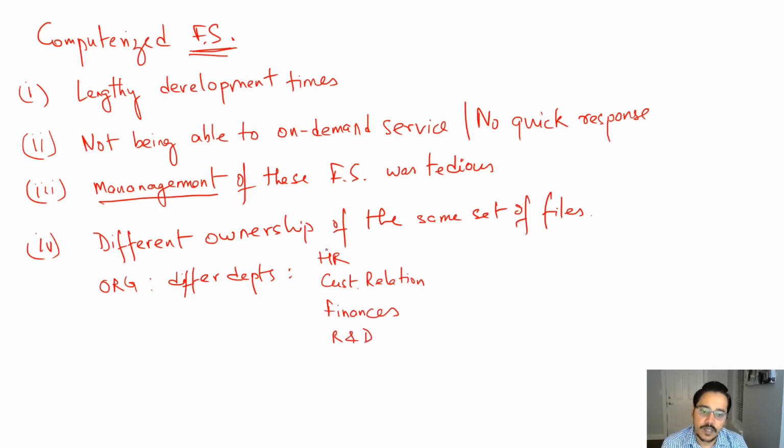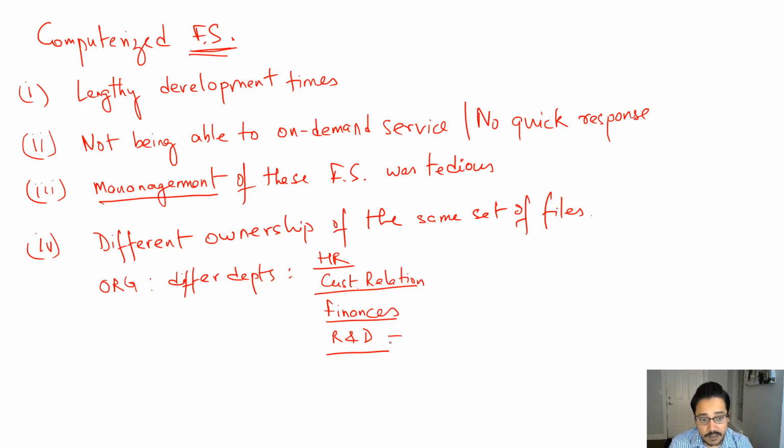So now, if you are developing file systems, all of these different departments had their own set of files, which was tailor-made to satisfy the objectives of these particular departments, because the goals of HR are not going to be the same as those of R&D. But there was a chance where R&D might have a set of files which HR also needs to maintain, right?